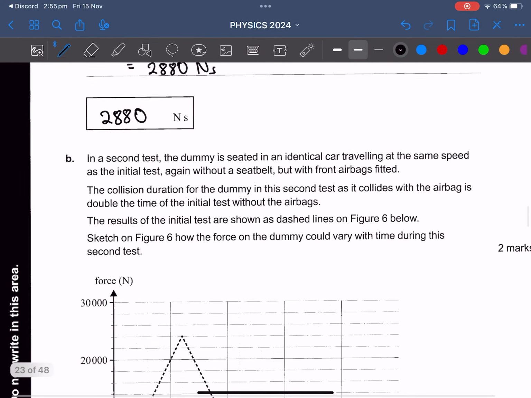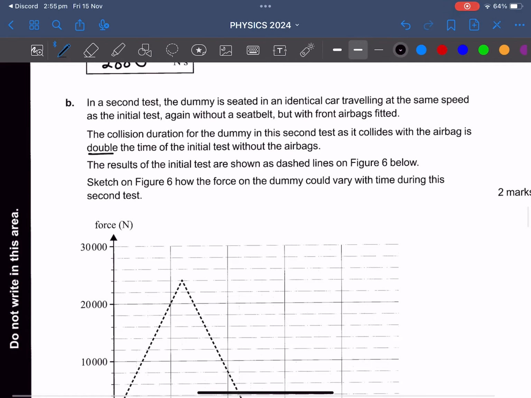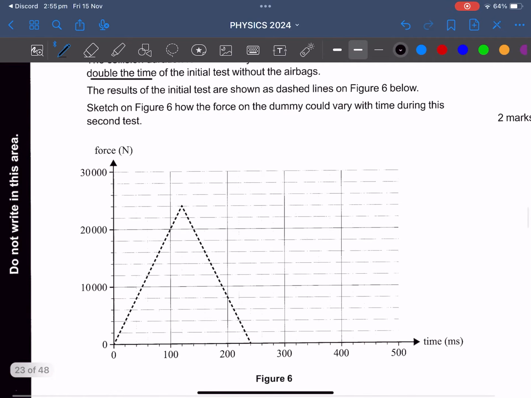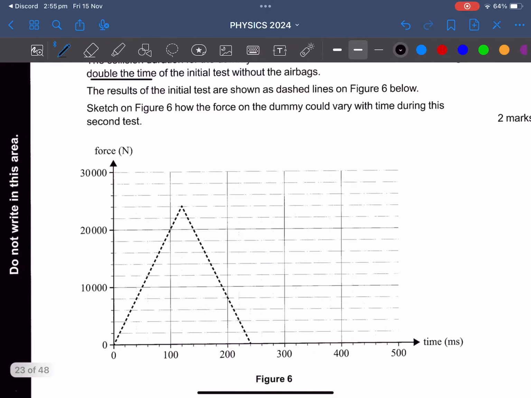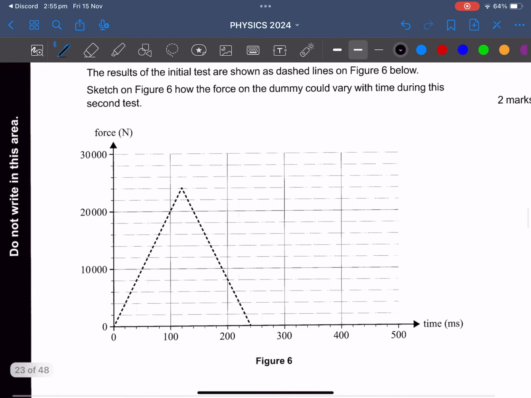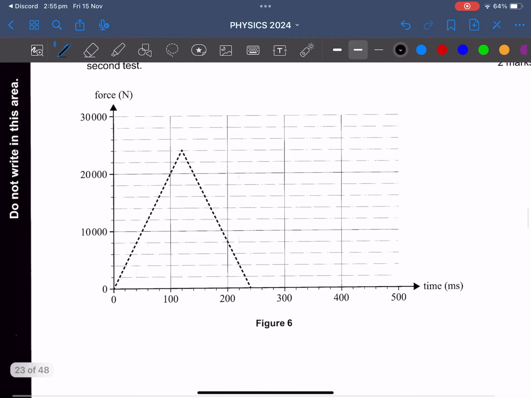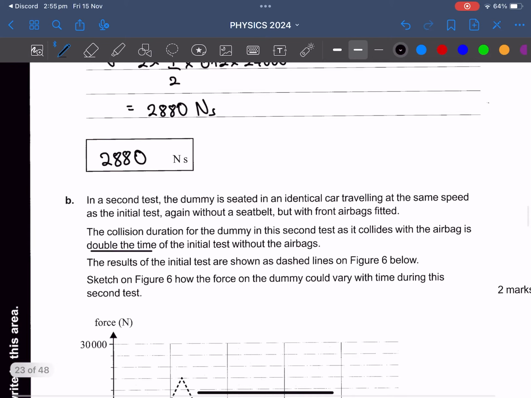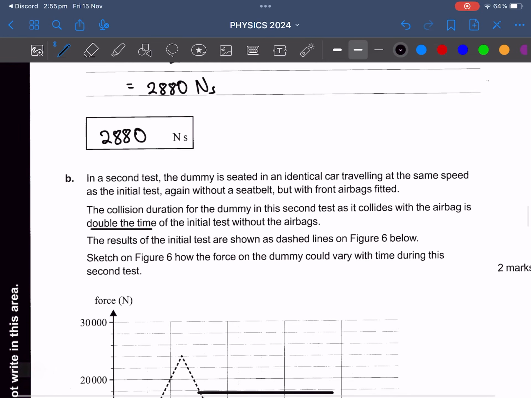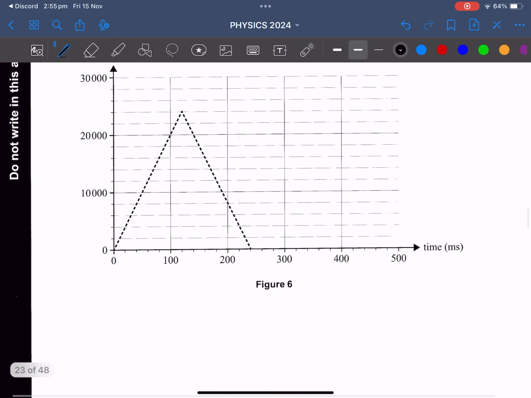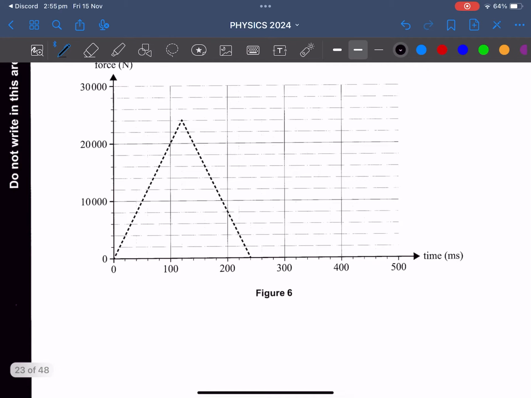So we are given that the time doubles. That means if the time is doubled, we have to halve our force to maintain the same impulse, because it's traveling at the same speed as the initial test. So our time is doubled. What's our current time? It's 240, so our new time will be somewhere here, and the midpoint would be here.